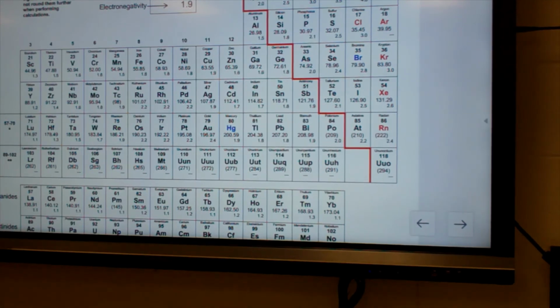The first column will lose an electron. If they're losing an electron, they're losing a negative charge, so they will form cations with a +1 charge. The second column loses 2 negative charges, so they form cations with a 2+ charge.